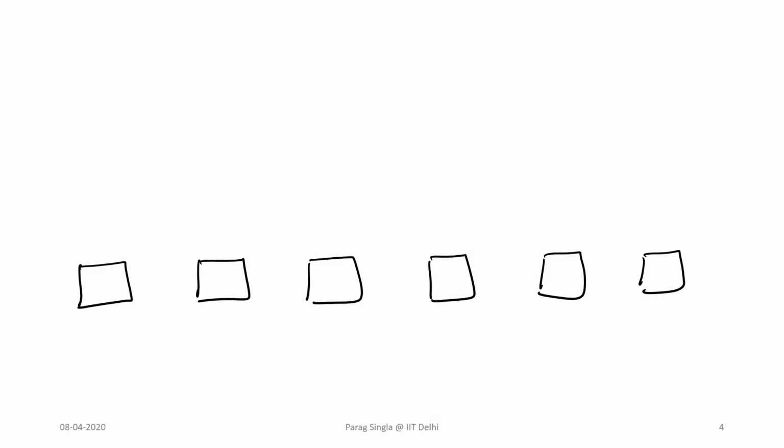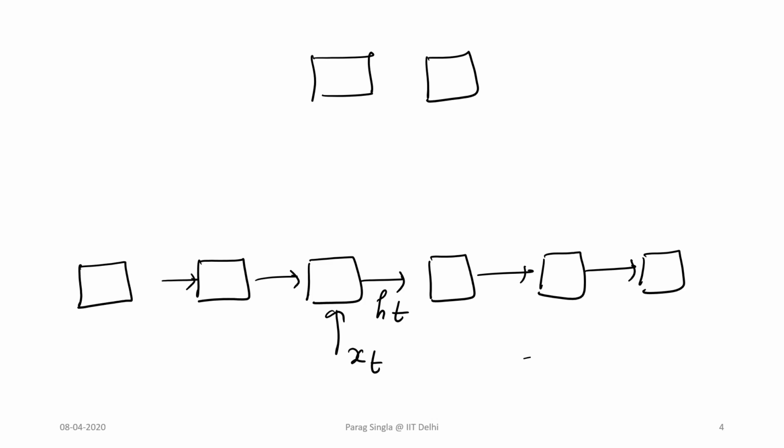Let me describe the idea of attention on this slide. These are my hidden states in time. Let's say this is xt being fed in, and this produces ht at this point of time, in the forward direction, the computation of the hidden state over the inputs, and sitting on the top of the slide are the output hidden states.